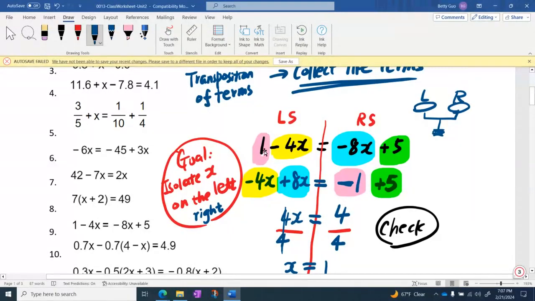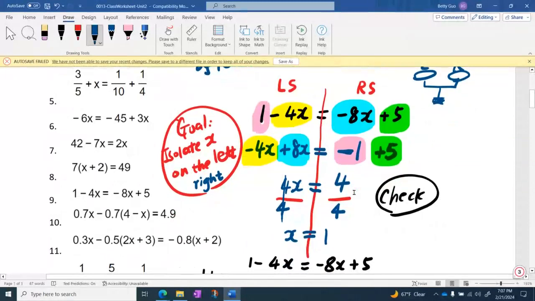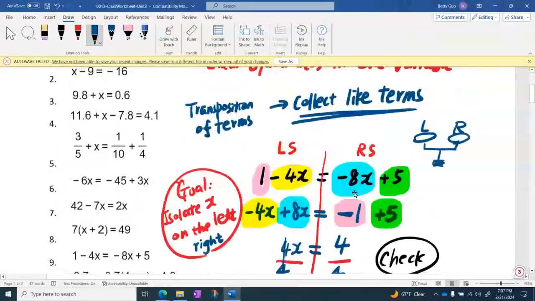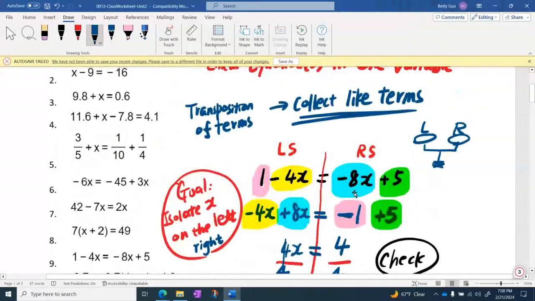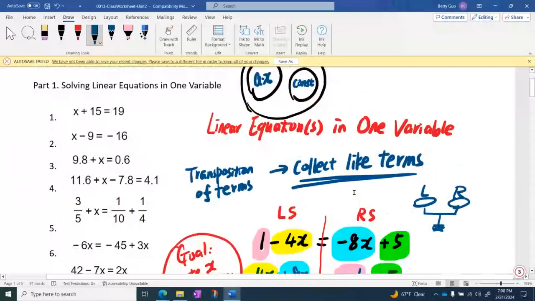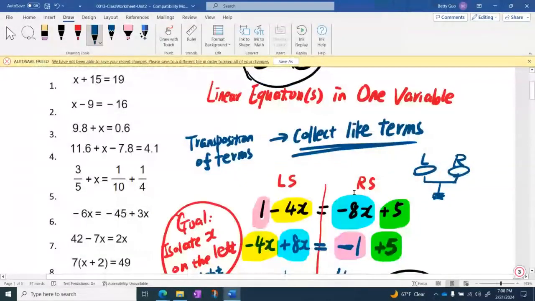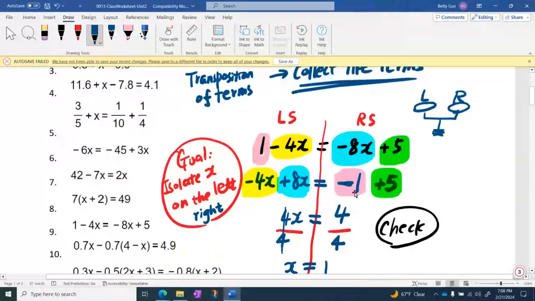And when the pink term is positive on the left side, you move it to the right, it becomes negative. Okay, so now I'm going to give you a question and I want you to practice number 6. Let me write it down.